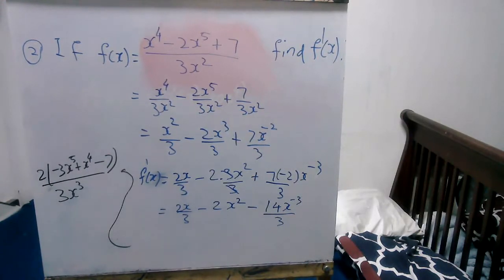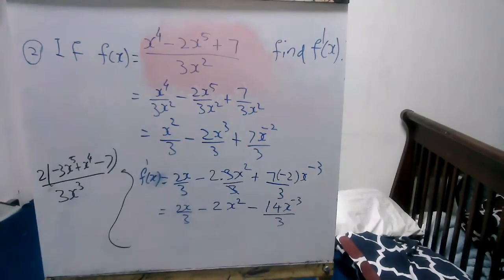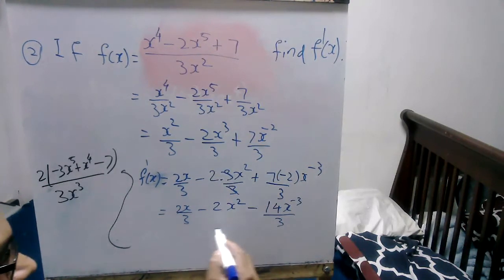We can leave the final answer like this. In algebra class, yes, you have to make all negative exponents positive, so you have to move this to the denominator. Here you don't have to do it. This is the final answer.